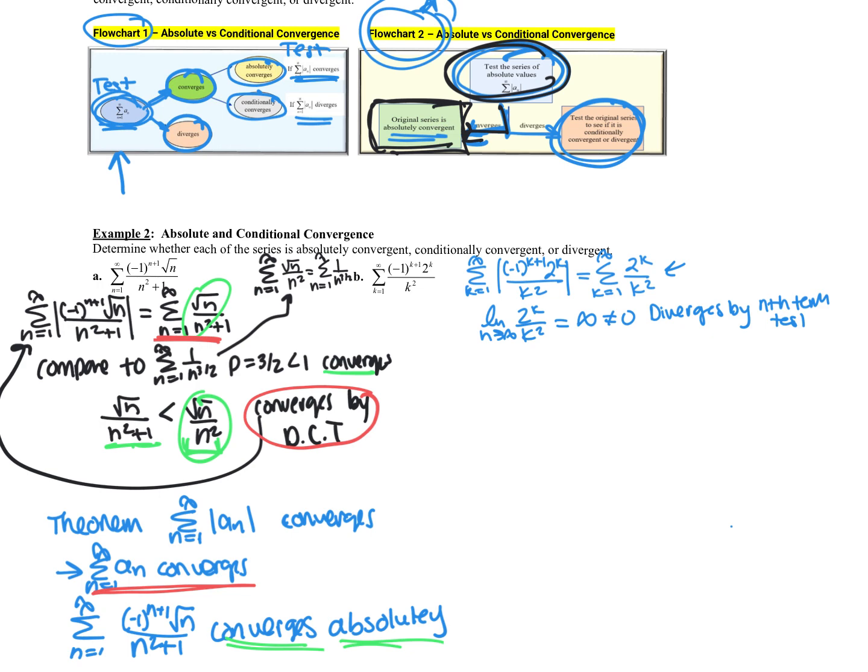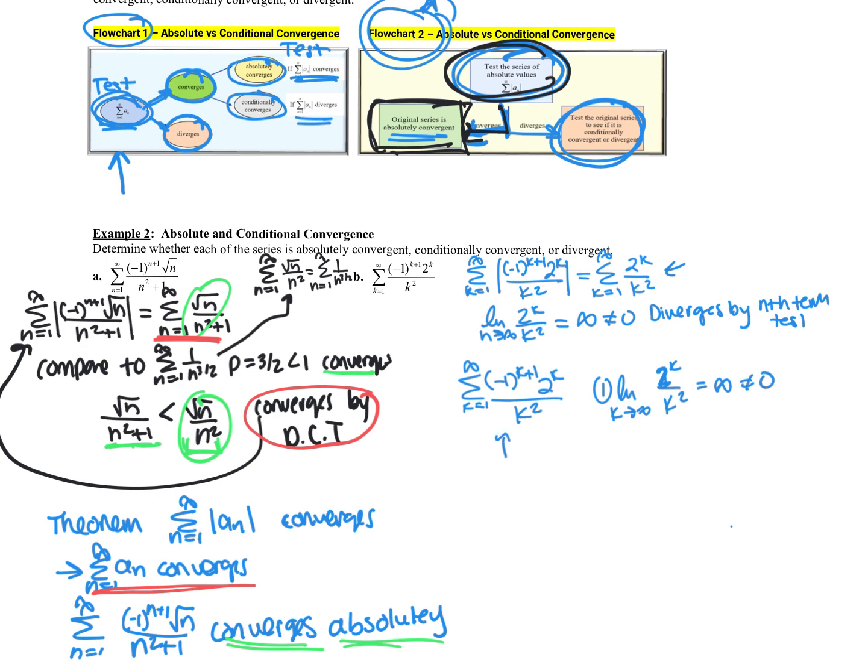And so then we need to look at the original series itself, with the alternating part, and test it. And since it's alternating, the first thing we'll do is the limit as k approaches infinity of 2 to the k over k squared, the part without the alternating. And that limit is going to be infinity. We already did that a second ago, which is not 0.